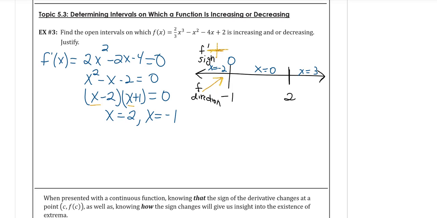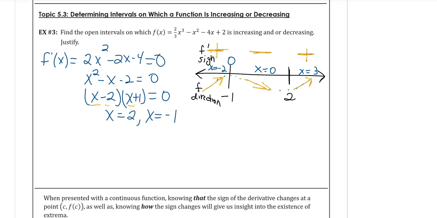Then when I put 0 in, I'm going to have a negative times a positive, which will give me a negative number. So now the function is decreasing. And then at 3, I'm going to have 1 times 4, so that's going to be a positive number. So my function is increasing again. And you can kind of see that we're sketching the curve.